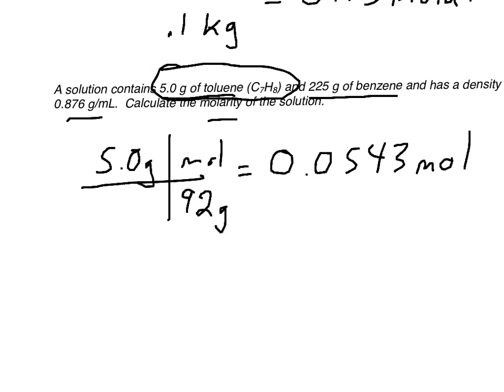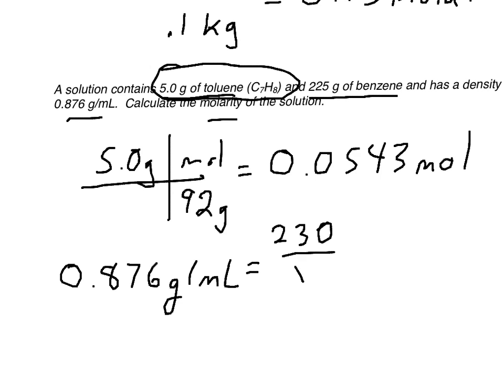Alright, now to find liters of solution, we need to look at both grams of toluene and grams of benzene and add them together. So it's 5 grams plus 225 grams, so it's 230 grams. We know density of our solution, and we know density equals mass over volume.